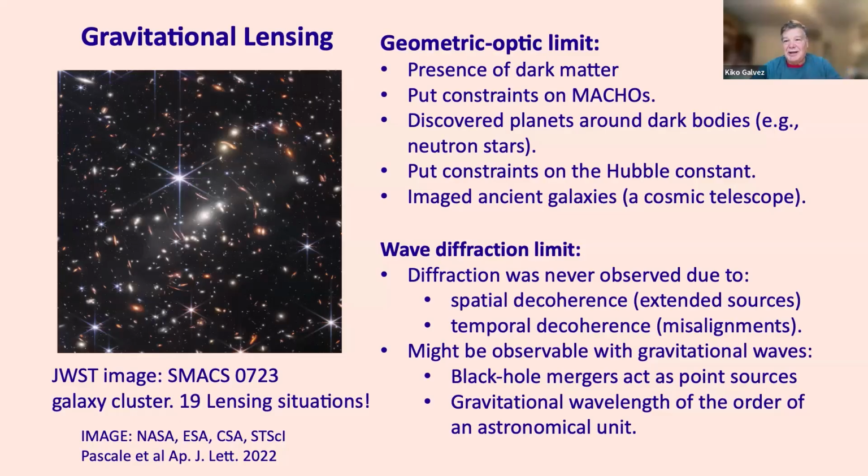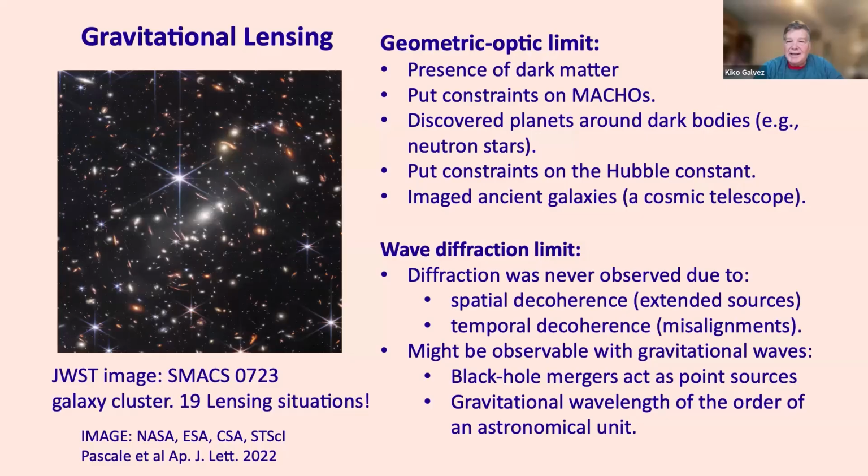To get temporal coherence, we need that difference in path or in time of travel to be within the wavelength or the frequency of the light. So it is just too challenging.